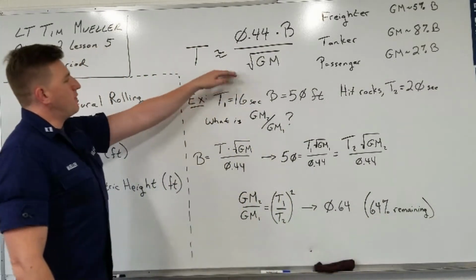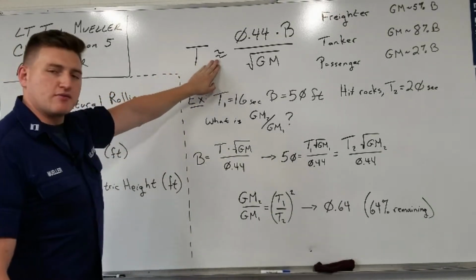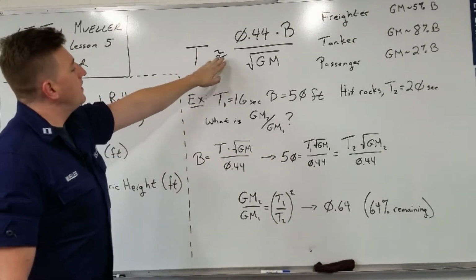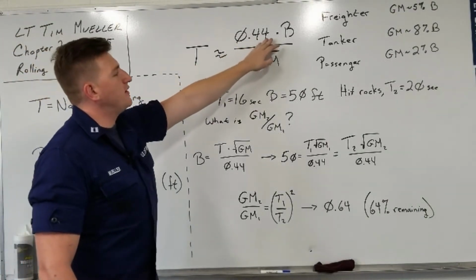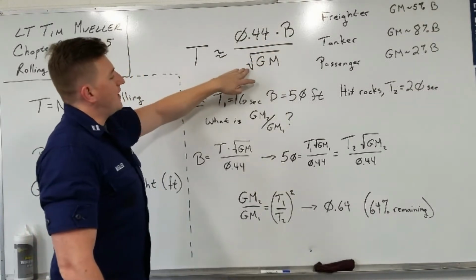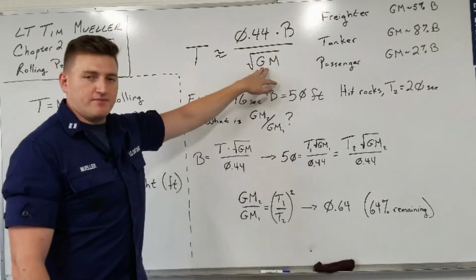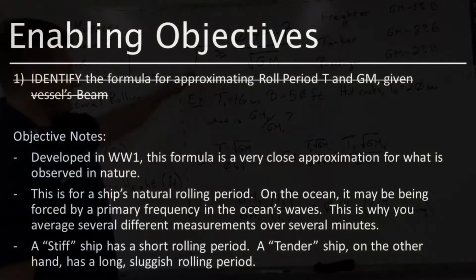So this formula was developed saying that T is approximately, that's what this sign means, approximation, 0.44 times the beam of this vessel in feet divided by the square root of the metacentric height in feet.